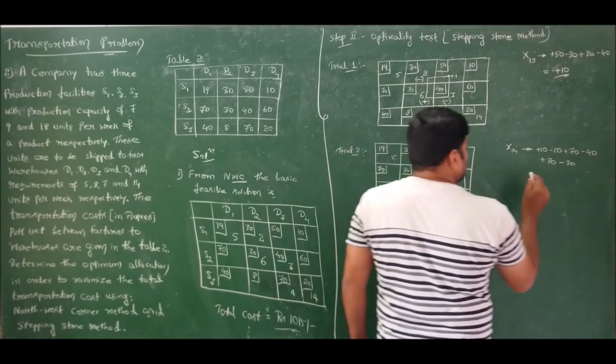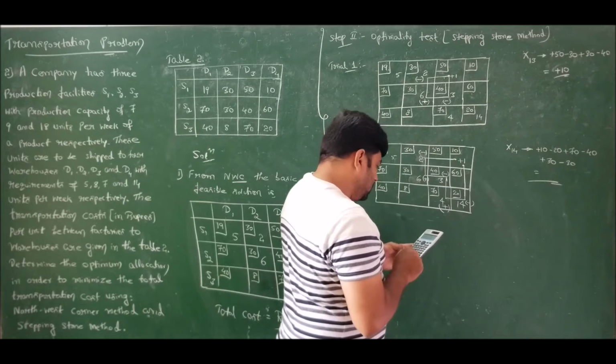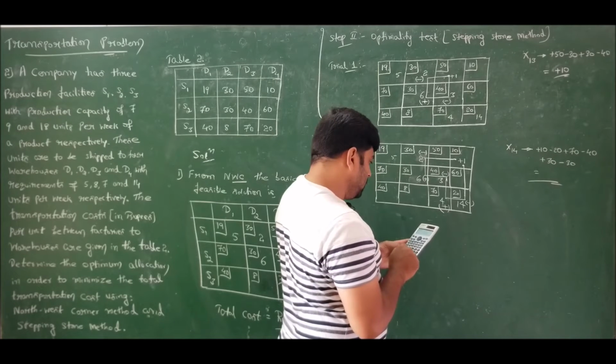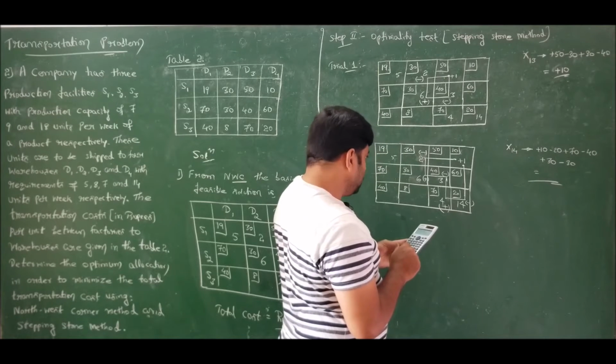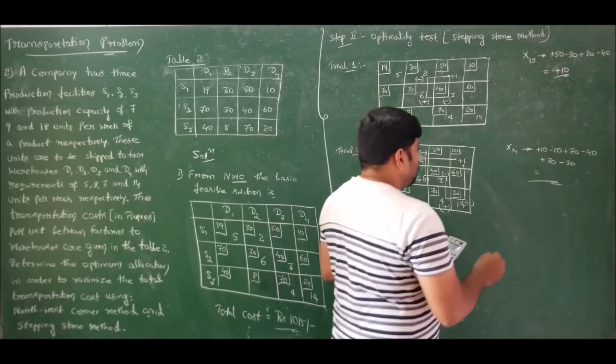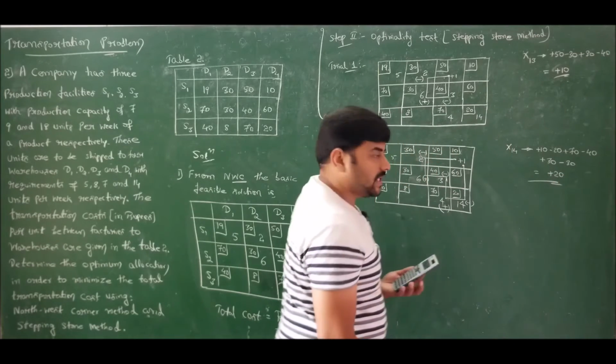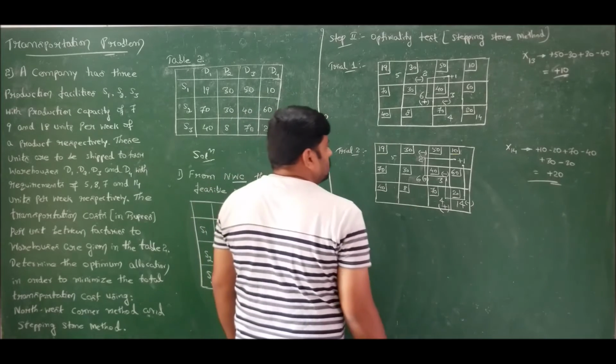Again we came back. So the net increase or decrease is found to be +10, -20, +70, -40, +30, -30. So we have a net increase of +20, which is undesirable for us. So this is also ruled out.